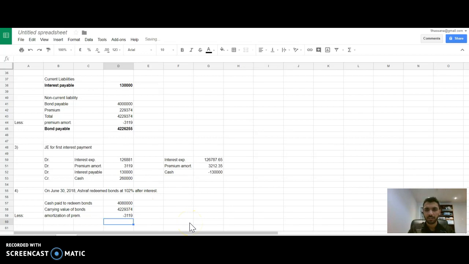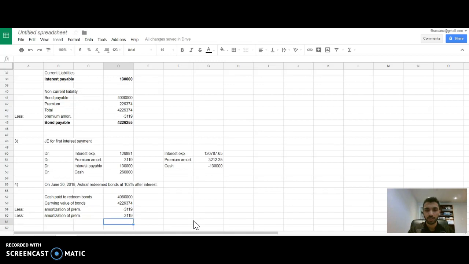And we're going to take the same amount for the second part using the question as it's laid out. So let's ignore the semi-annual example I was showing you earlier. Let's look at the annual version. The second time the premium was amortized at 3119 as well. So 2 times reduced by 3119.